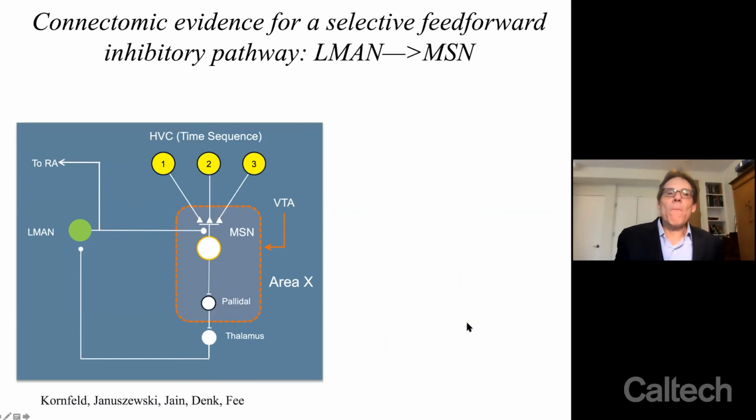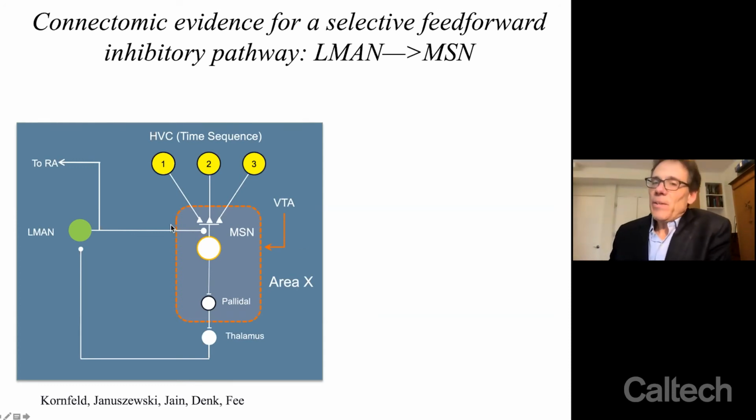Okay, so we have clear evidence then of a structural asymmetry in the way HVC and LMAN axons contact MSN dendrites. Again, HVC axons prefer to contact dendritic spines, LMAN axons prefer to contact dendritic shafts. Now, there's another aspect of our model that we've begun testing.